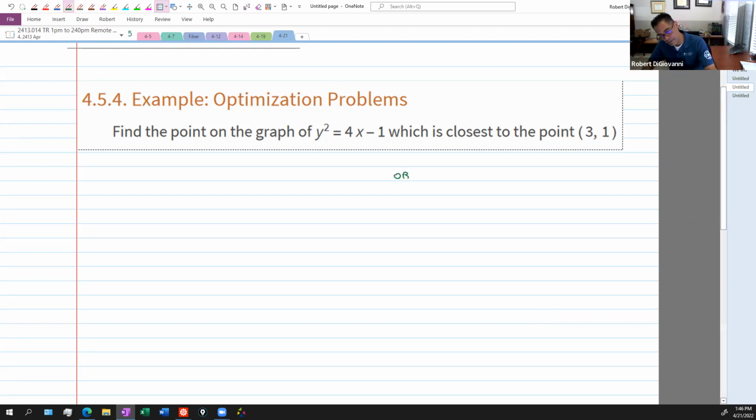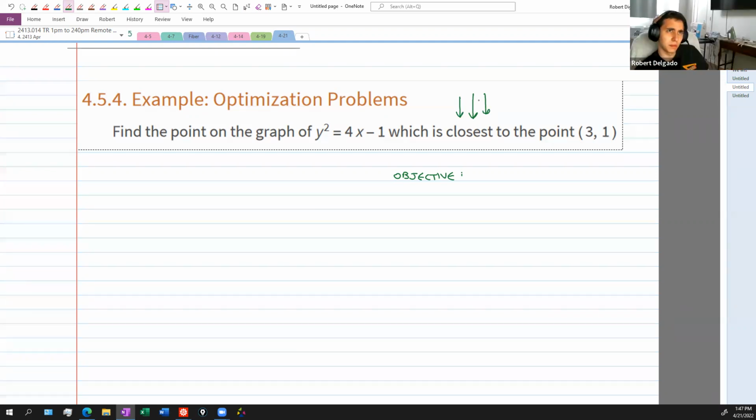The objective is to find the point on the graph which is closest. Closest. What does that make you think? Are we finding the maximum or minimum of something? Maximum? Maximum, max what then? Great question.